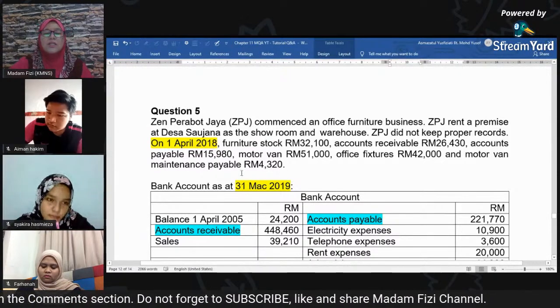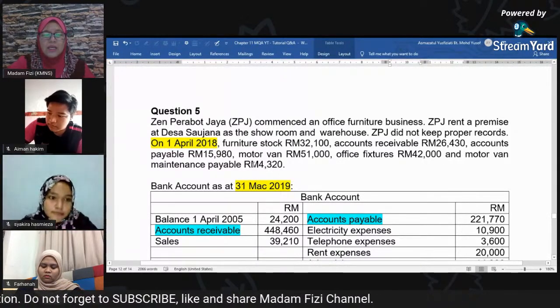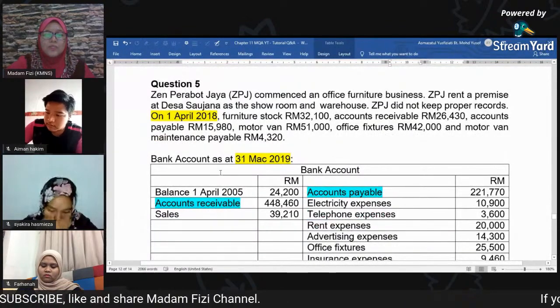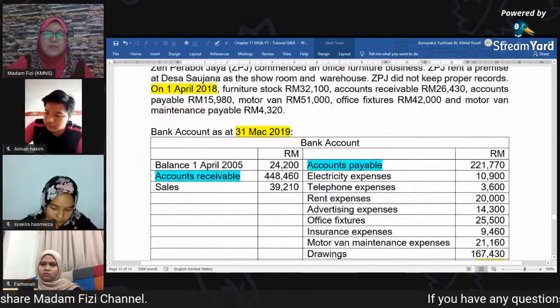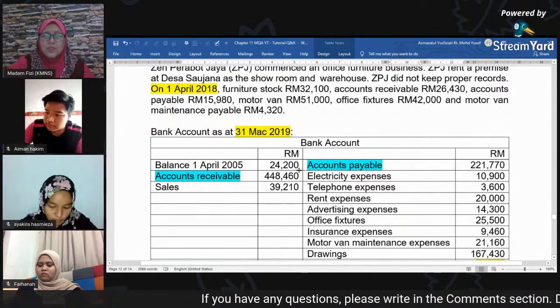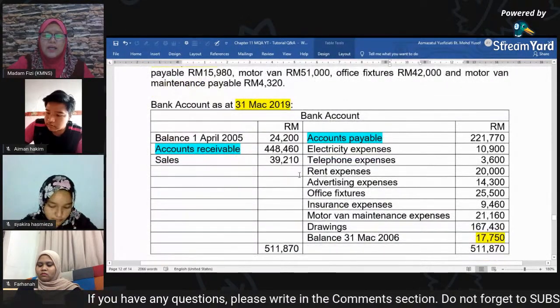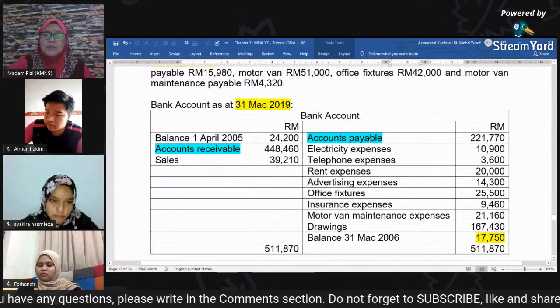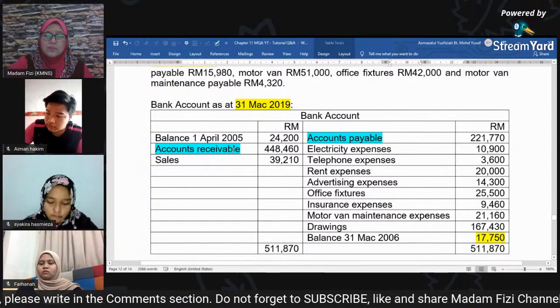So this is the opening balance. And then it also gives you the bank accounts for 31st March 2019. Okay, so here I highlight the accounts payable and also the accounts receivable.